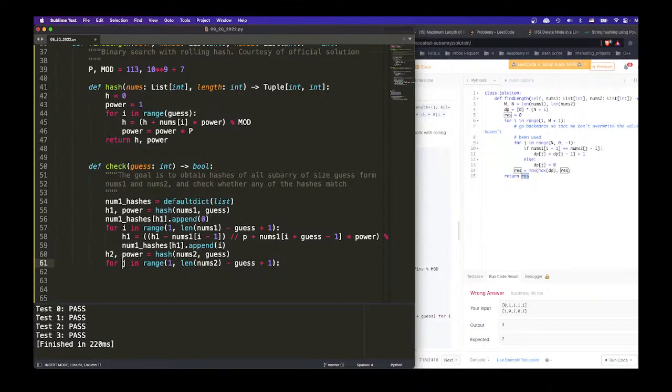So I have to check h2 as well. How about we first check? Let's check the previous. Then we get a current. Then we have to check again at the end. Okay.